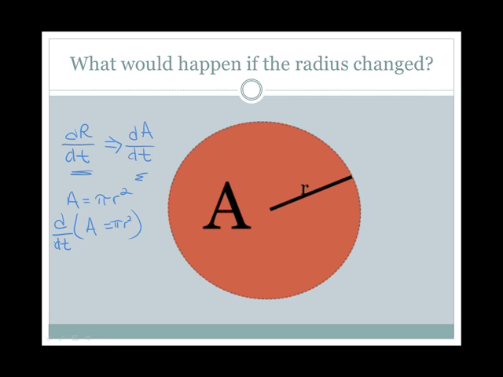And that's why implicit differentiation comes in, because remember, when you take the derivative of something with respect to a different variable, like dy dx, you're going to have that dy dx. So we're talking about if one thing changes over time, how does the next thing change over time?